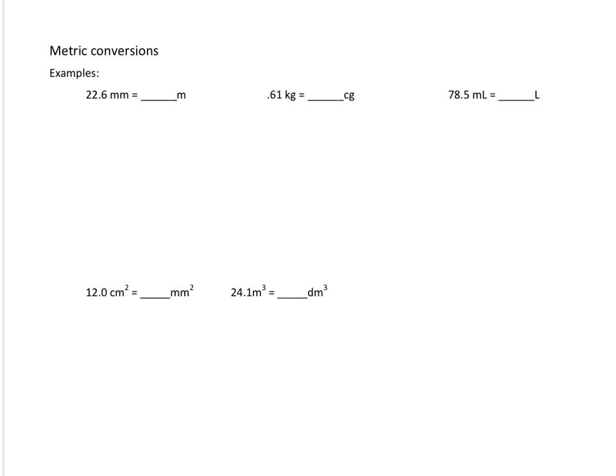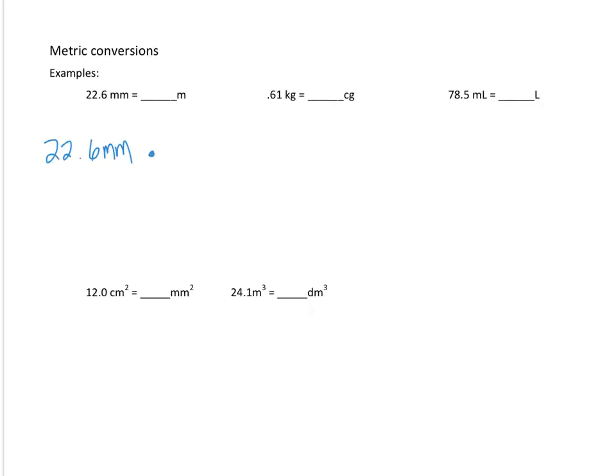And so what you do is, let's say you want to convert 22.6 millimeters into meters. So what you do is you write down what you have. So you write 22.6 millimeters. That's what we have. Okay. Then you do a conversion factor. So you multiply.